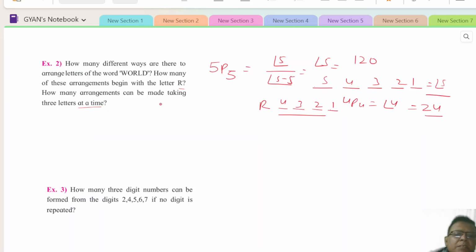Now how many arrangements can be made taking 3 at a time? That is 5P3, factorial 5 divided by factorial 5 minus 3, that is factorial 5 by factorial 2.